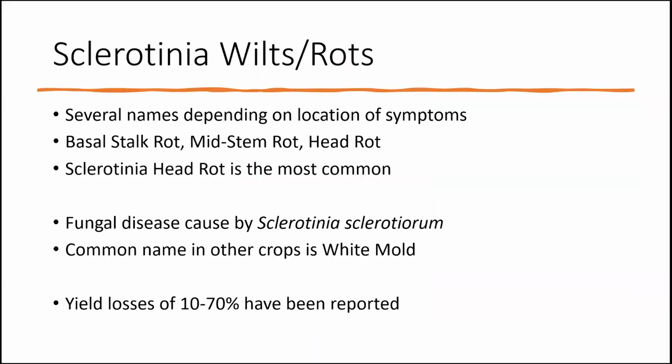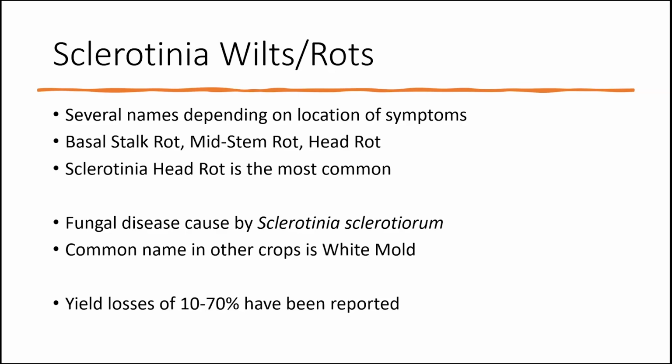All right, the next disease is going to be sclerotinia wilts and rots. There are several different names for these diseases based on the location of symptoms: basal stalk rot, mid-stem rot, head rot. Sclerotinia head rot is the most common here in South Dakota.